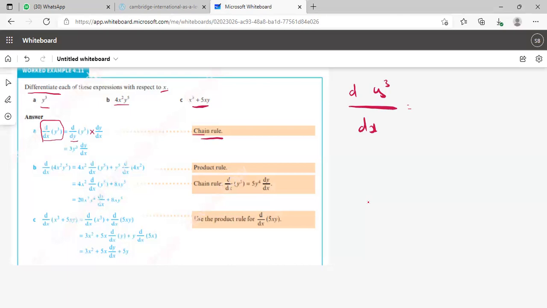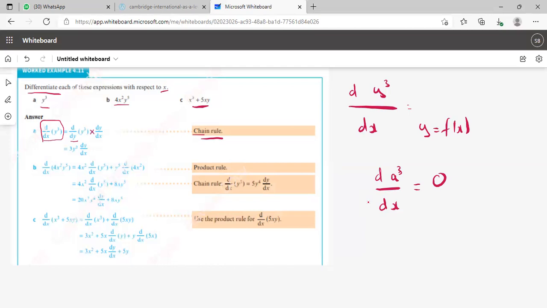Now remember, now listen to me, please. If you had a cube and you were asked to differentiate this a cube with respect to x, the answer was 0 because there is no x. You cannot see any x over here. So you could have said, ma'am, why are we not writing a 0 directly? Because y cube has no x. But remember, there's an underlying assumption that y is a function of x.